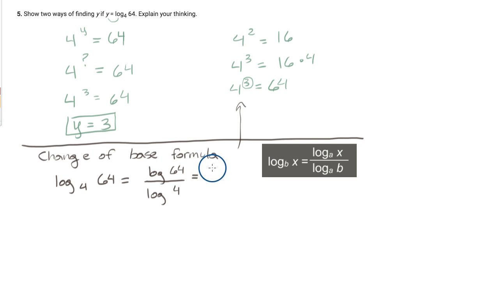So let's rewrite our numerator here as the logarithm of 4 to the third power over the logarithm of 4. Further down here, from our rule 3 of logarithms, we can move this exponent out in front of our numerator's logarithm.